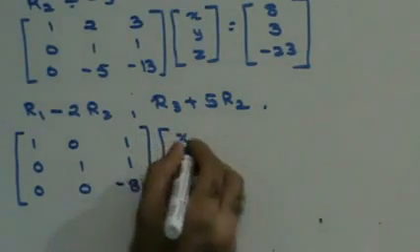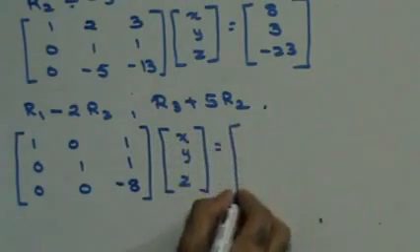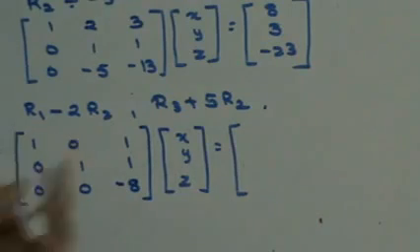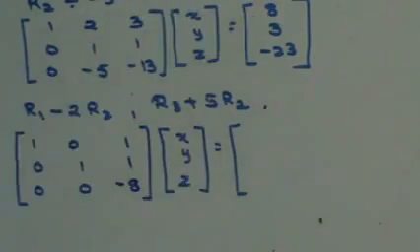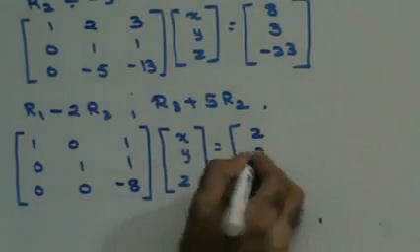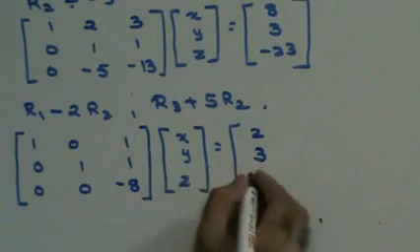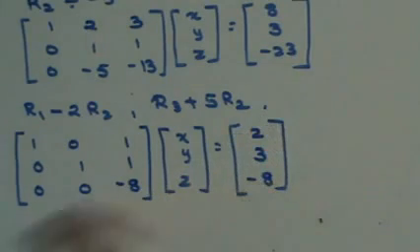X, Y, Z is going to be equal to, now R1 minus 2R2: 8 minus 6, that is going to be 2, 3 as it is, minus 23 plus 15 will give you minus 8.